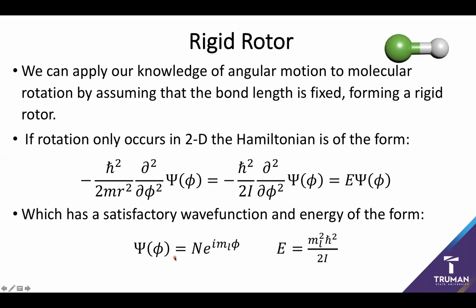Not too surprisingly, we are going to find an energy similar to our one-dimensional form, again, this time missing a constant k. So the energy eigenvalue for a rigid two-dimensional rotor can be given as our rotational quantum number squared, Planck's constant squared, and then again twice our moment of inertia instead of mass.